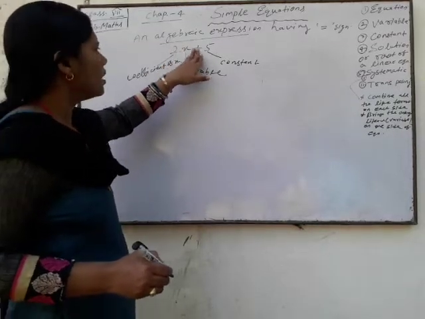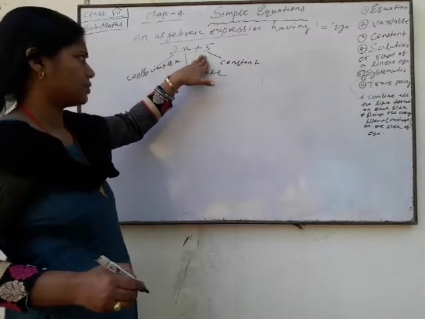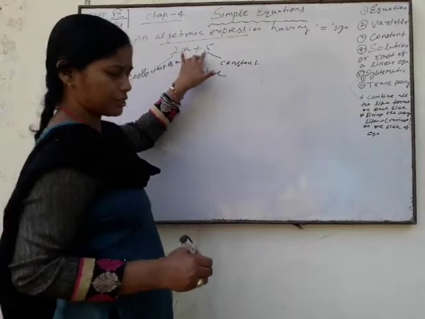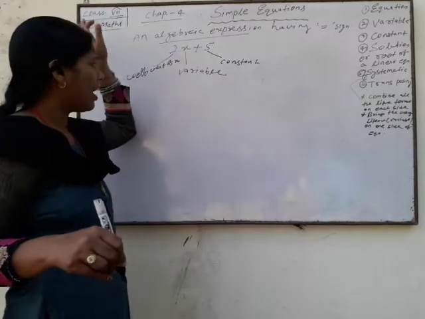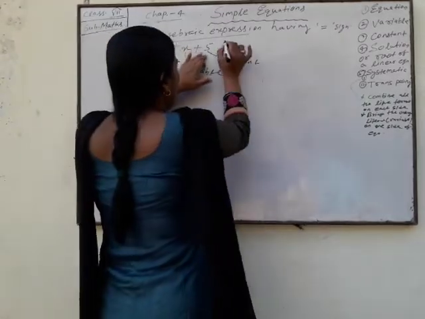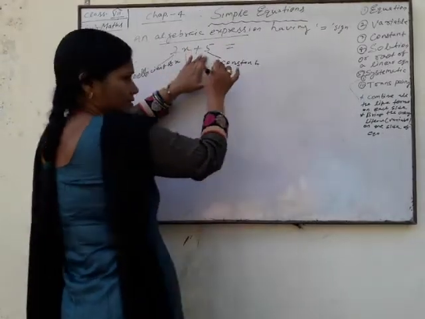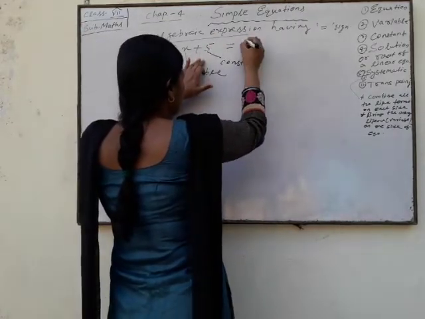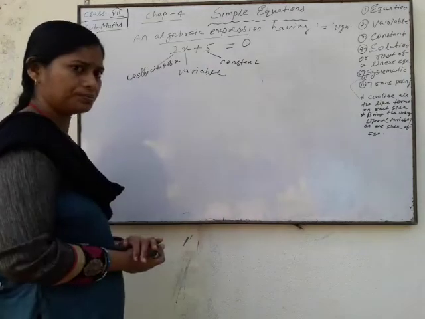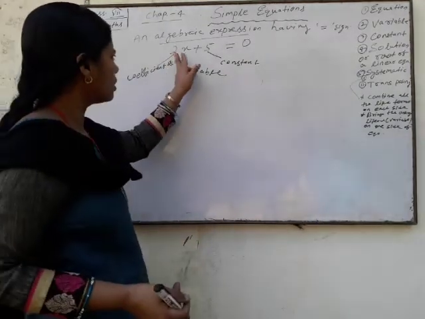So this is an algebraic expression, and this is not an equation. An algebraic expression having an equal sign, for example equal to 0, is now an equation.